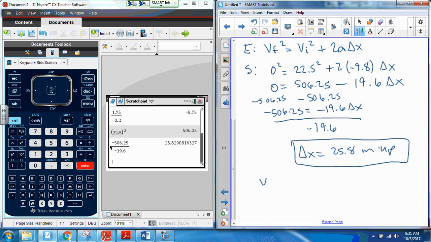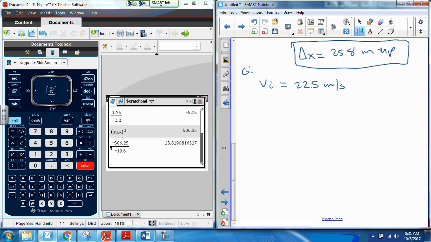So we know that the V initial was 22.5 going up, right? Okay? We know that the acceleration is how much? Negative 9.8 meters per second squared.